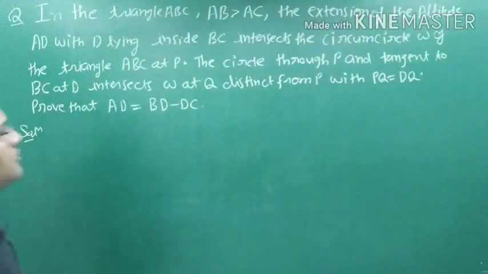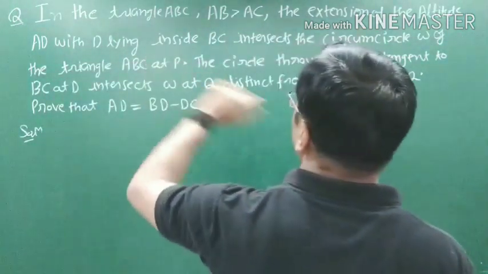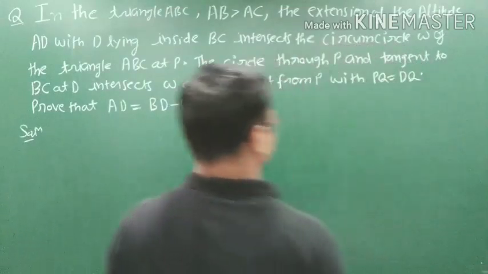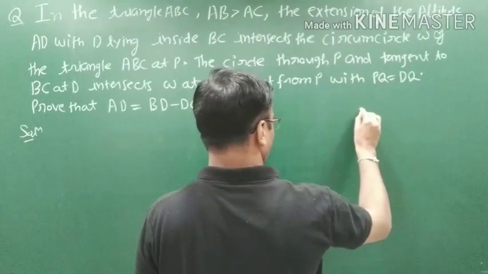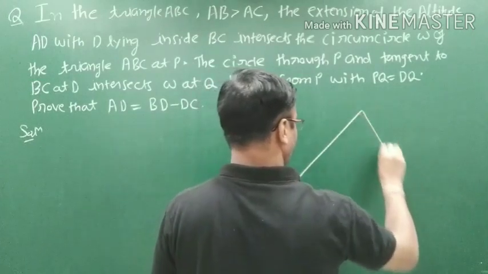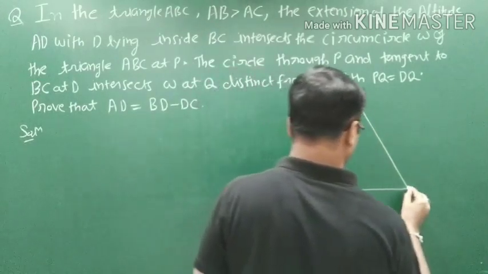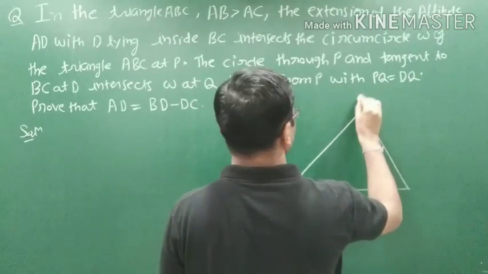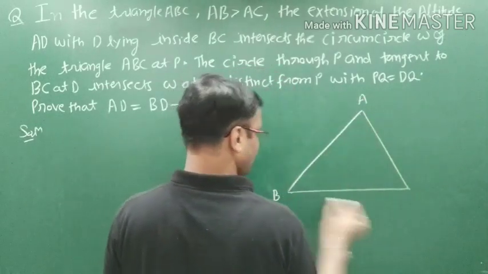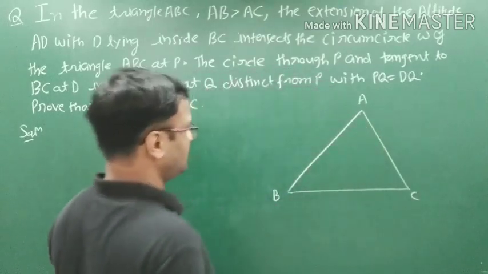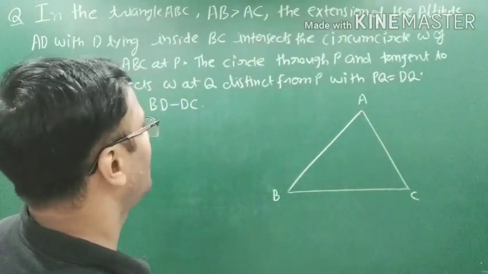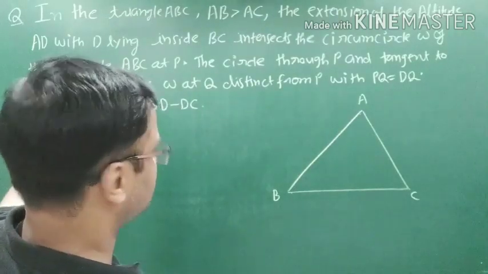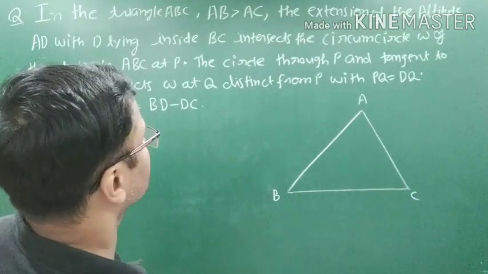Okay, first we have to draw a diagram. In the triangle ABC, the side length AB is greater than AC. We take this top vertex as A, this is B, and C, then definitely AB looks greater than AC. And now the extension of the altitude AD with D lying inside BC intersects circumcircle omega.